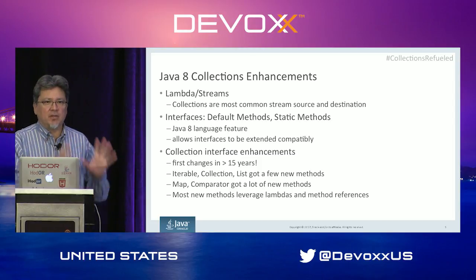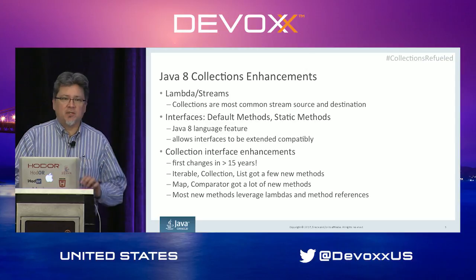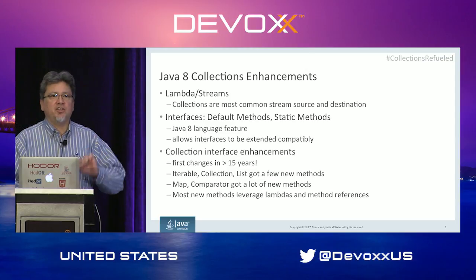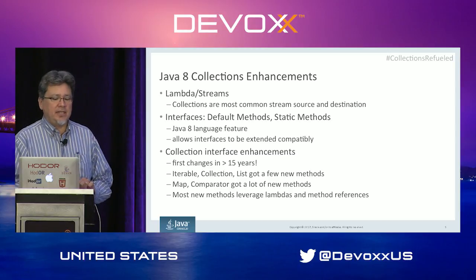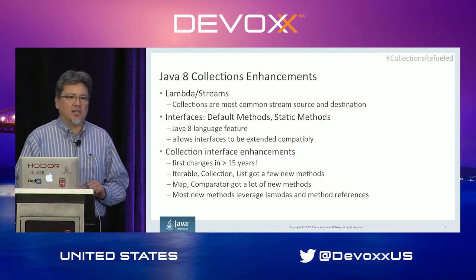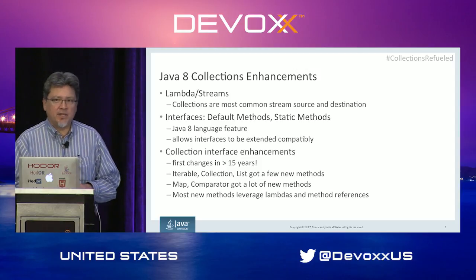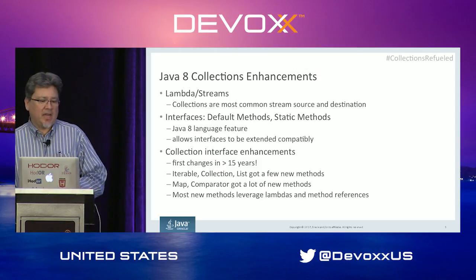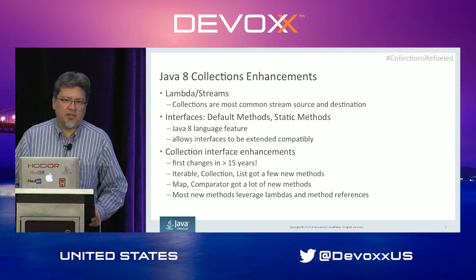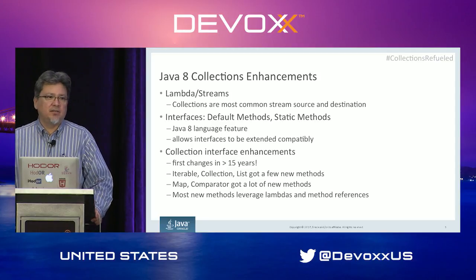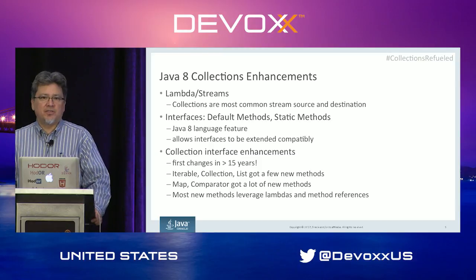I'm not going to talk about the language enhancements themselves. What I do want to talk about is the way we use those language features in the JDK to enhance the collections framework in JDK 8. What we did was, for the first time ever in 15 years, I think, we actually added methods to the collections interfaces.